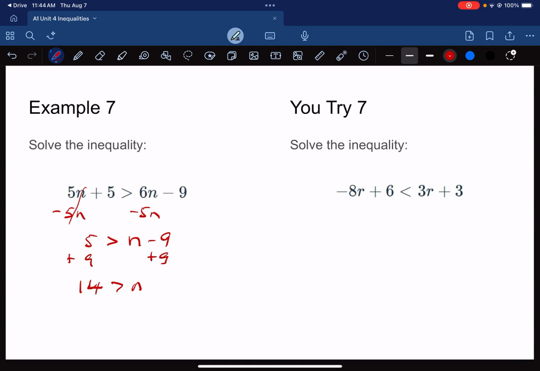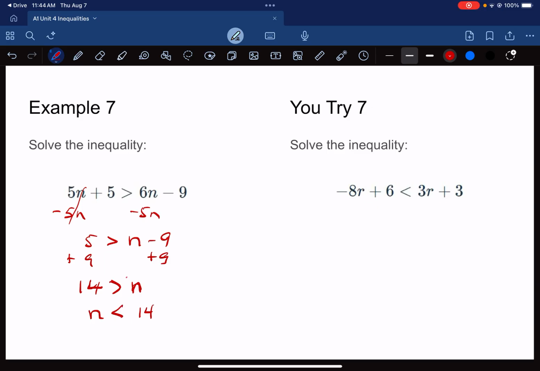So my inequality sign does not change, but I think you're going to struggle with n on the right side. I think what you need to do is probably flip this entire thing around. Now notice this says the 14 is greater. The mouth is eating the larger number. So this mouth is eating the 14. So I think that symbol needs to eat the 14. It needs to flip as well.